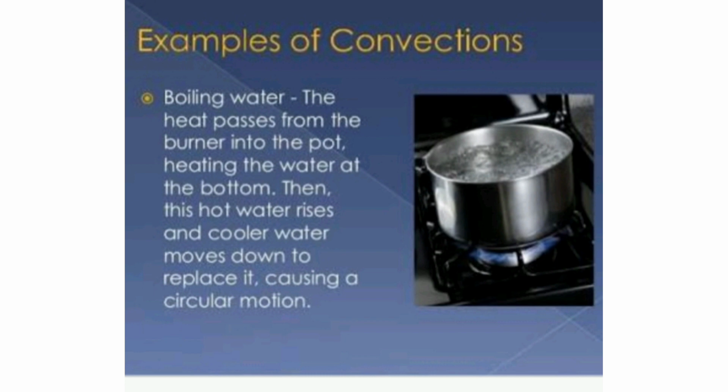The heat passes from the burner into the pot, heating the water at the bottom. Then this hot water rises and cooler water moves down to replace it. It's the cause for sea breeze and land breeze.